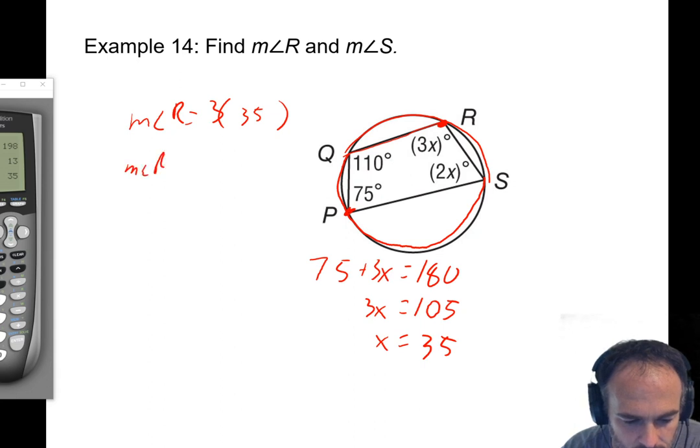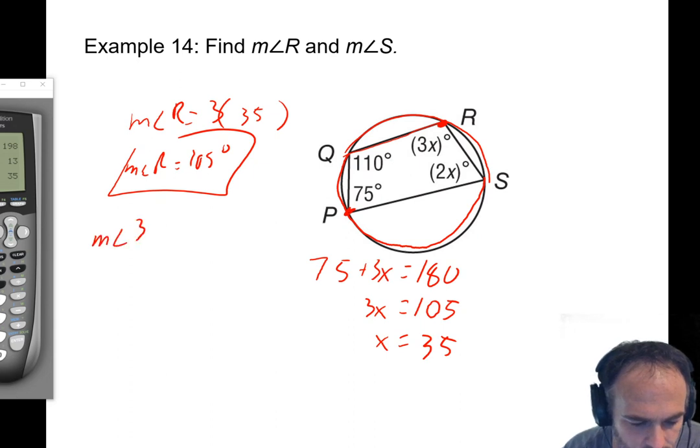So, measure of angle R is 105 degrees. Measure of angle S is equal to 2 times 35. So the measure of angle S is equal to 70 degrees.